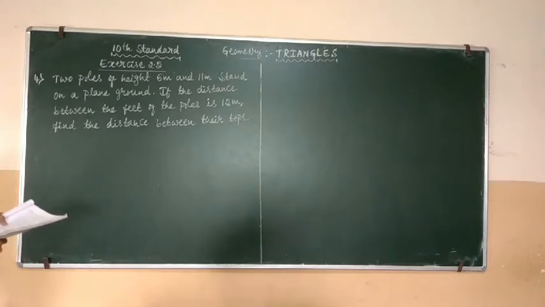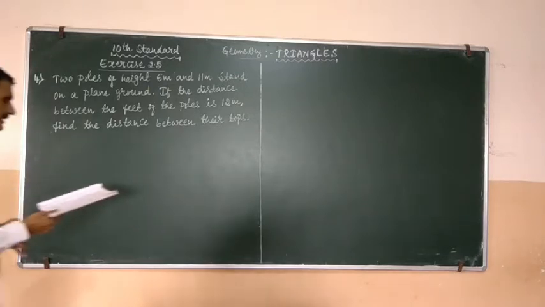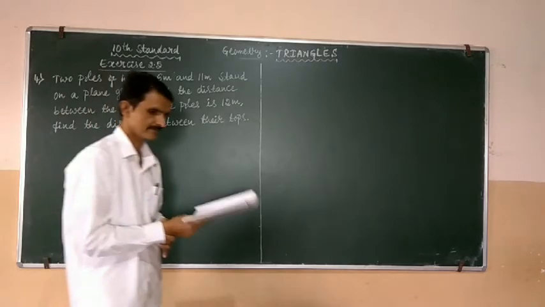So observe, students, the problem: two poles of height 6 meter and 11 meter stand on a plain ground. If the distance between the feet of the poles is 12 meter, find the distance between their tops.